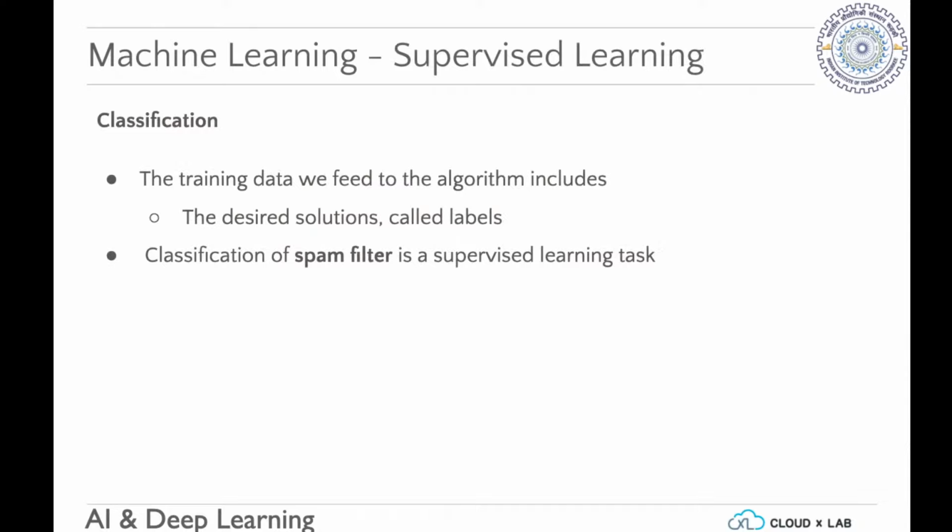So what's classification? In classification, the training data that we have will include the desired solutions called labels. So you have training data and you'll have the answers to it. Those answers are called labels, and we'll provide those labels. A great example of classification is a spam filter.